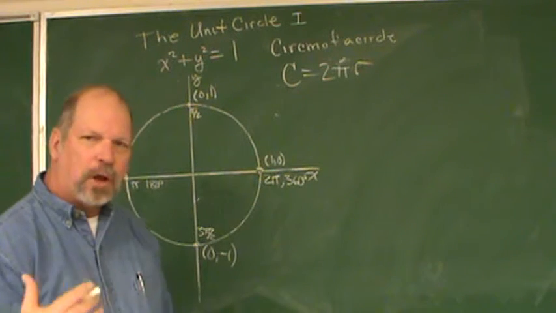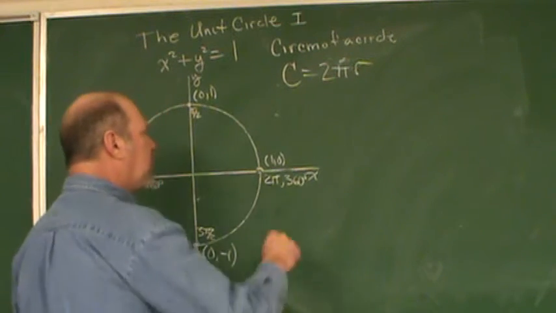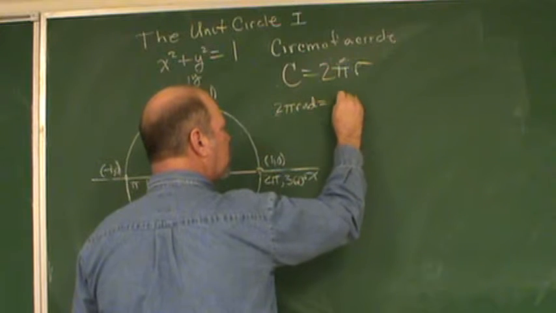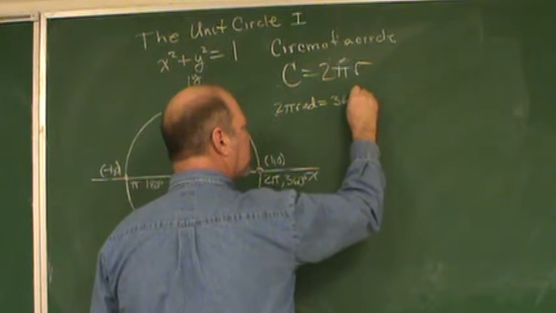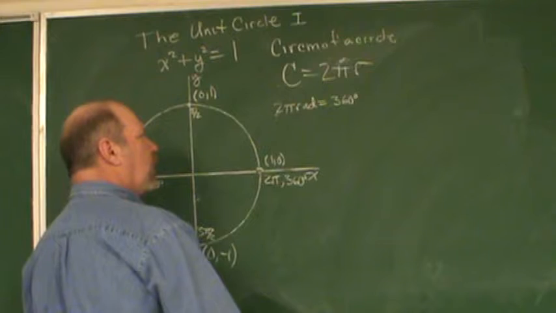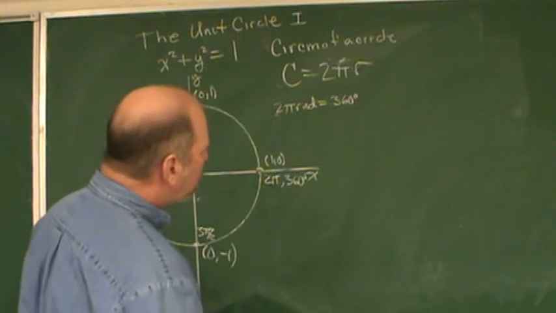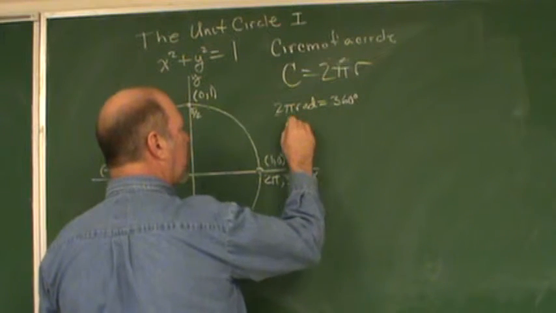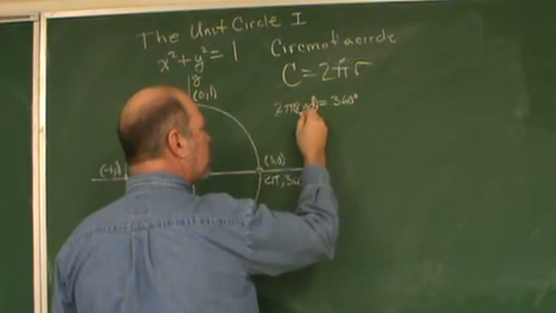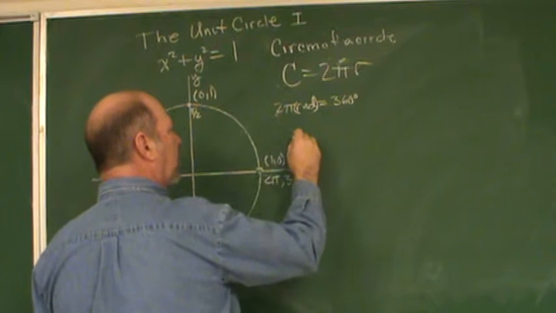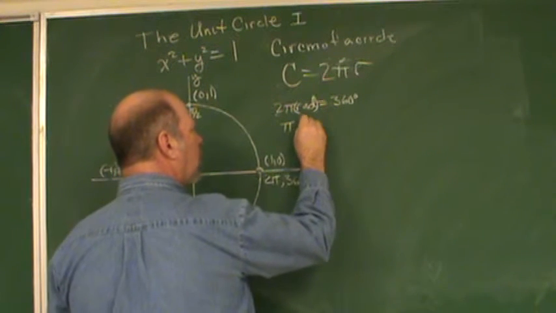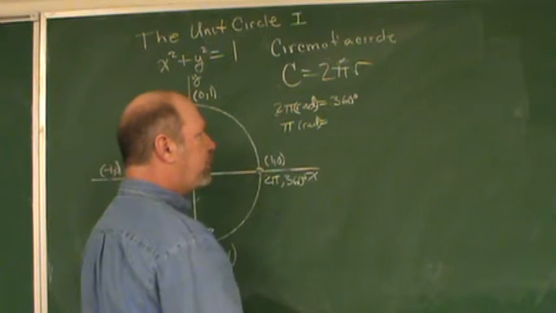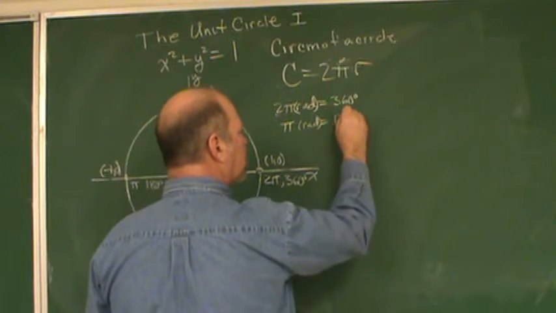So that gives us a couple of conversion factors we're going to need. We can say that 2 pi radians is equal to 360 degrees. Now, looking at that conversion factor, you can divide both sides by 2. If I divide 2 pi radians by 2, I get pi radians, and 360 divided by 2 is 180.